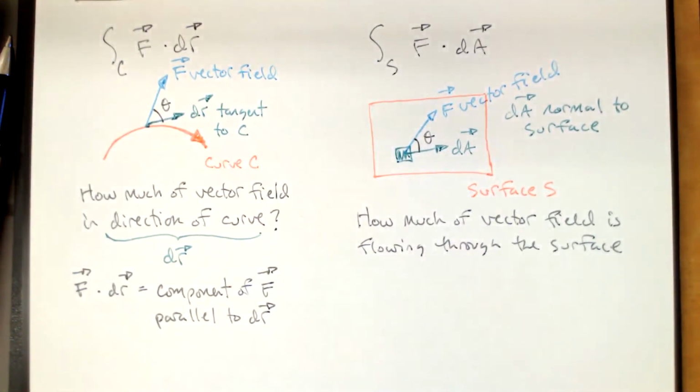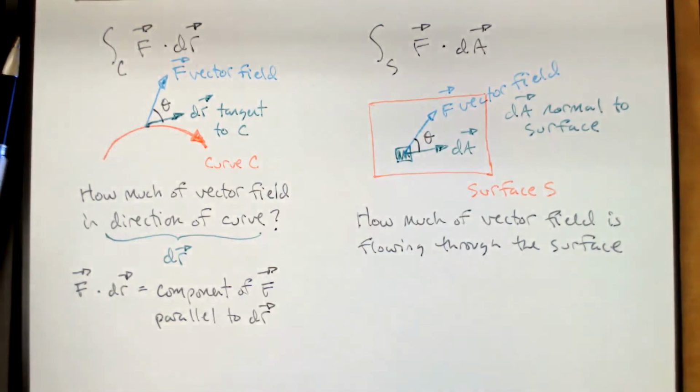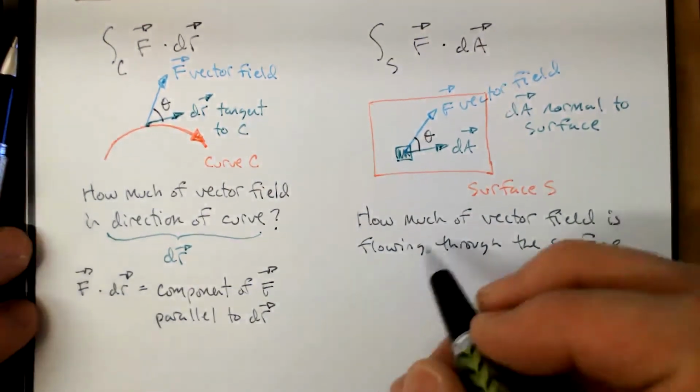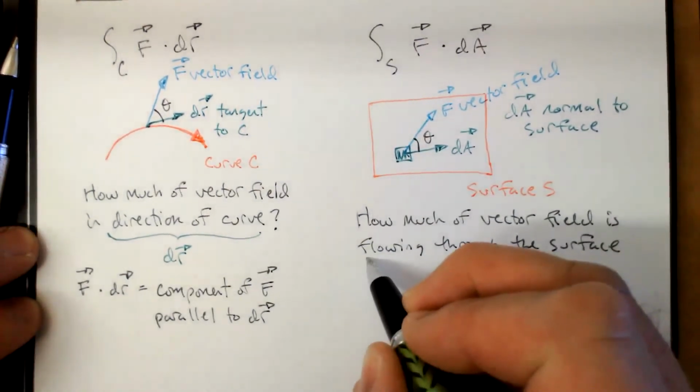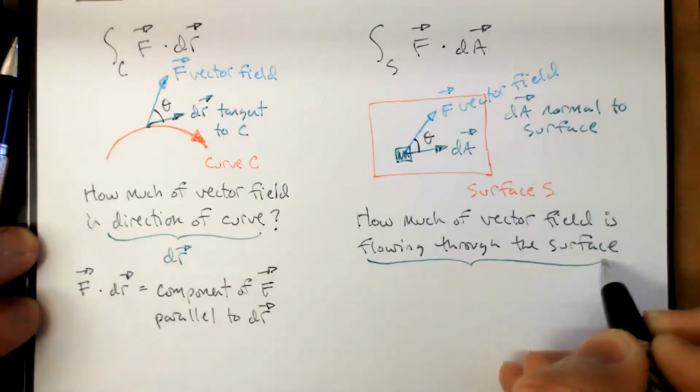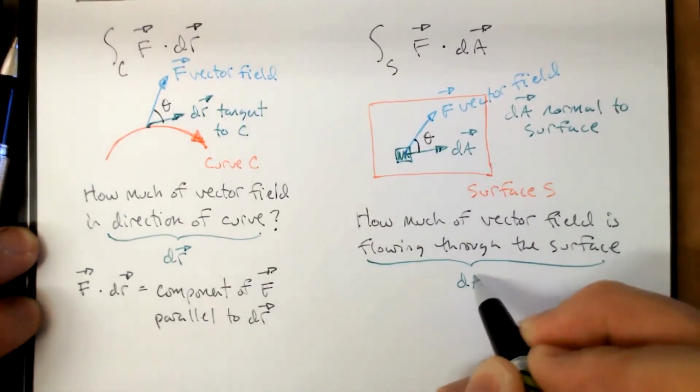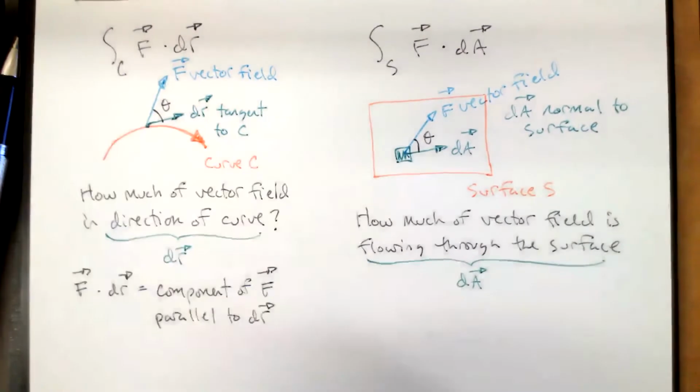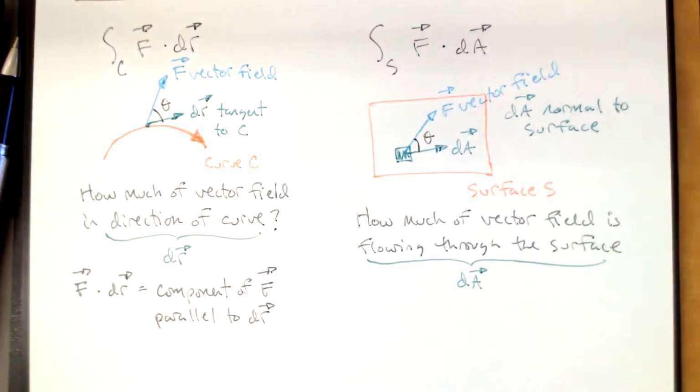For that through-the-surface part, we look at the amount of the vector that's normal to the surface. That's our dA vector, normal to the surface.